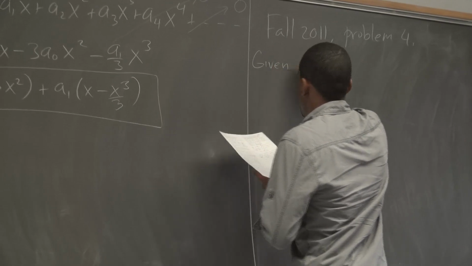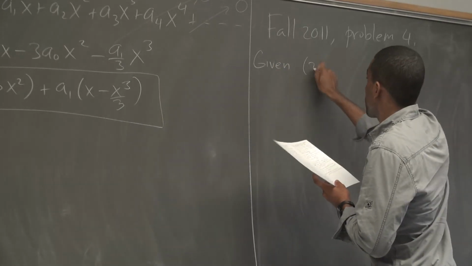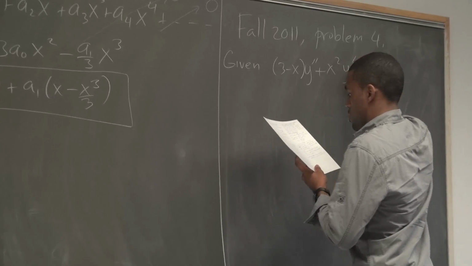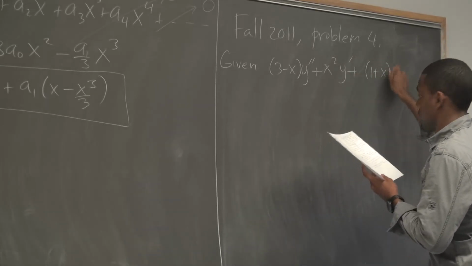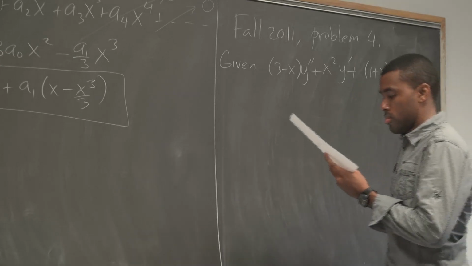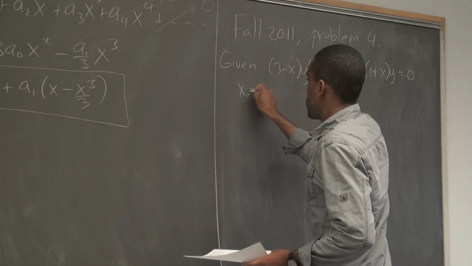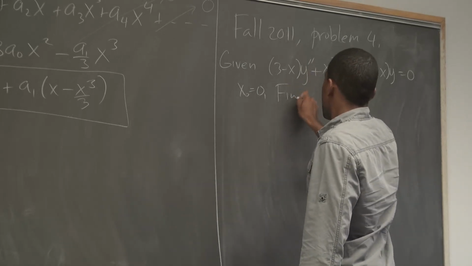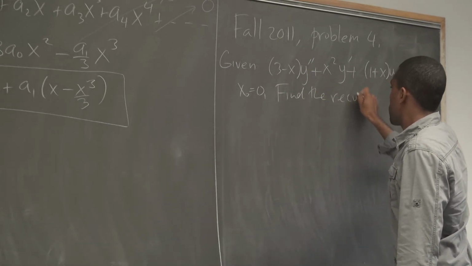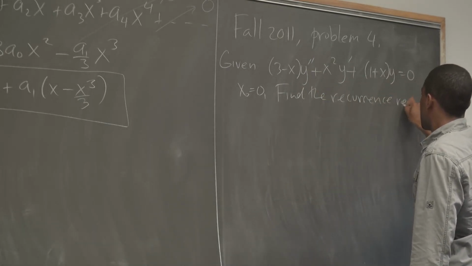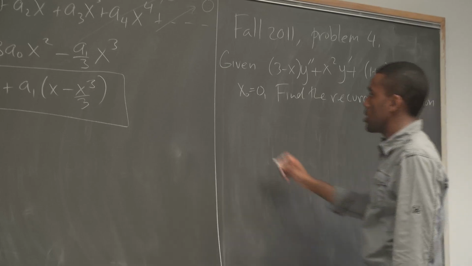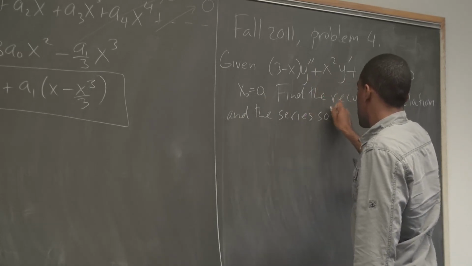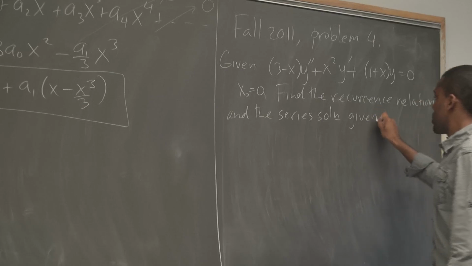We're given this ODE: (3 minus x) y double prime plus x squared y prime plus (1 plus x) y equals 0, with x naught equals 0. Find the recurrence relation and the series solution given y of 0 is minus 6 and y prime of 0 is 2.